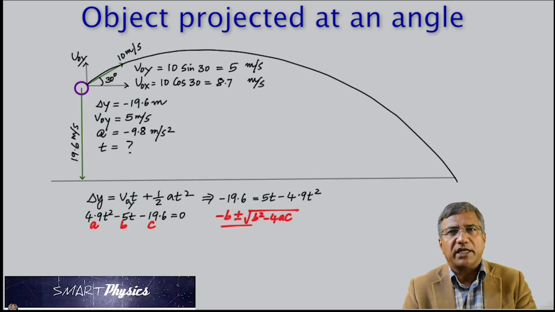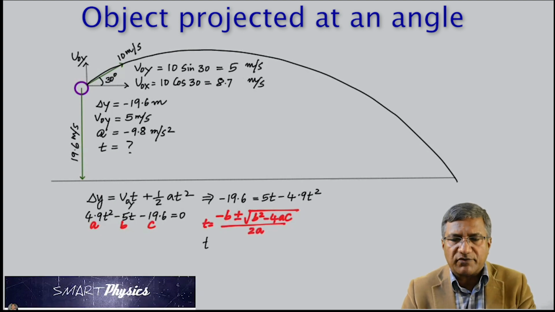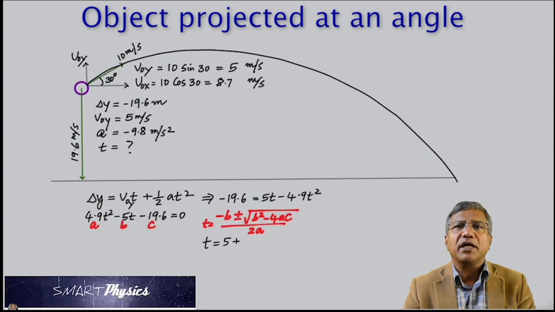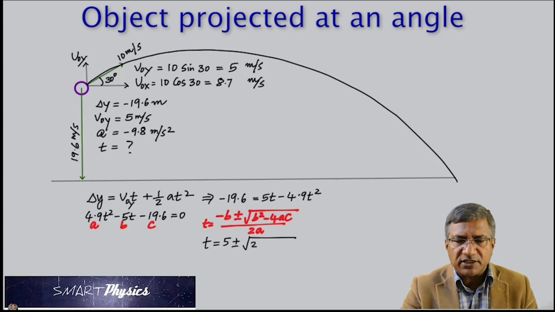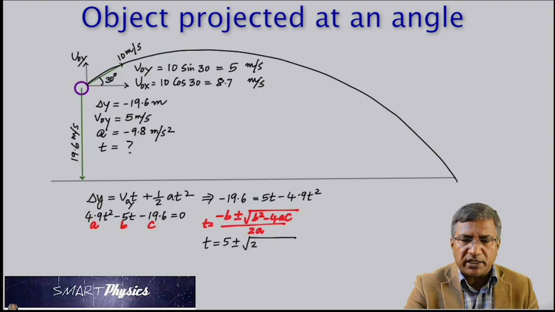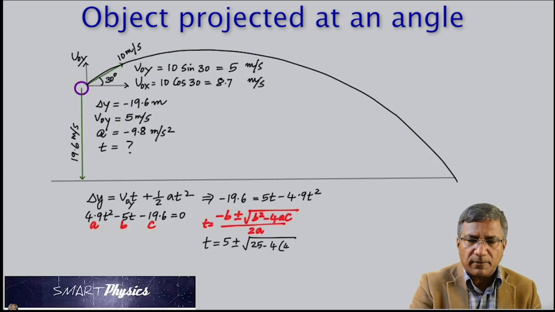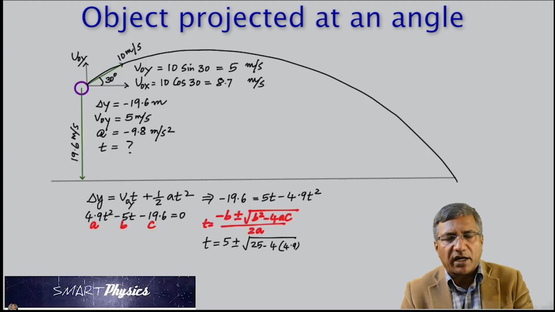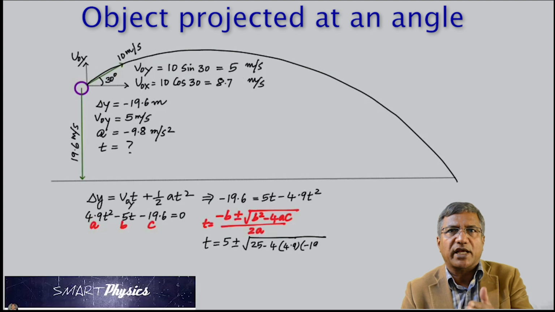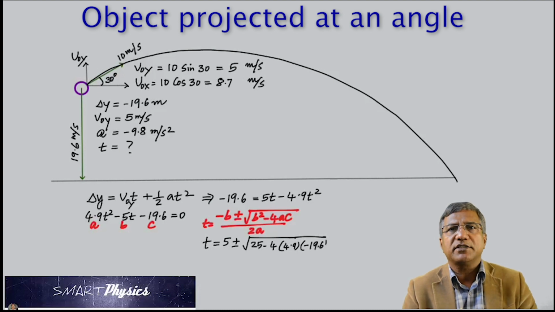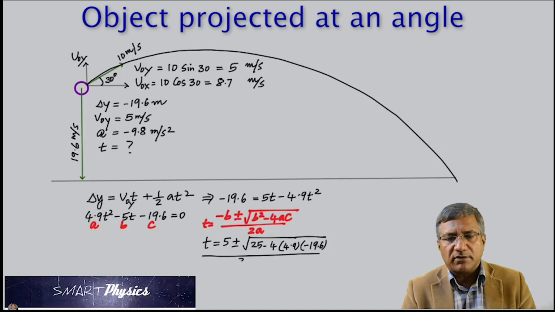Minus b plus or minus square root b squared minus 4ac by 2a will give you the value of time. So carefully plug in. Minus of minus 5 is 5. Plus or minus b squared, b is 5. 5 squared is 25. And then you go 25 minus 4 times 4.9 times minus 19.6 because it's 4ac, divided by 2 times 4.9.